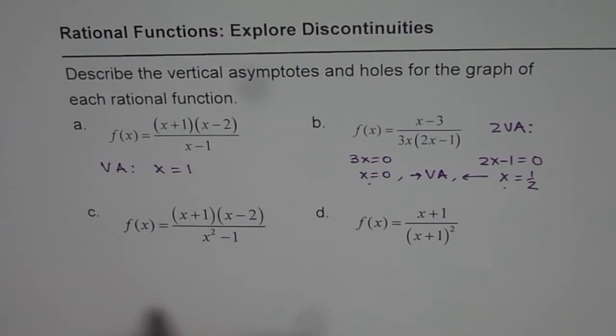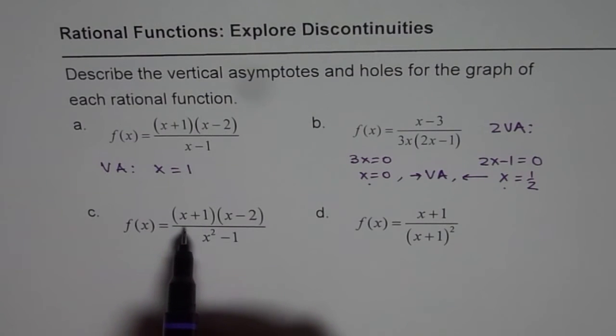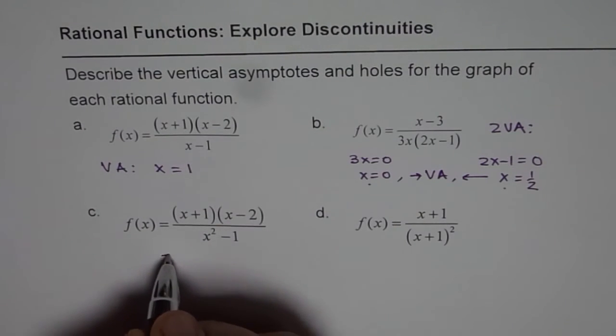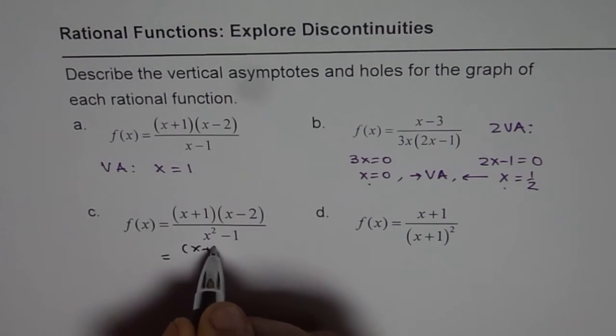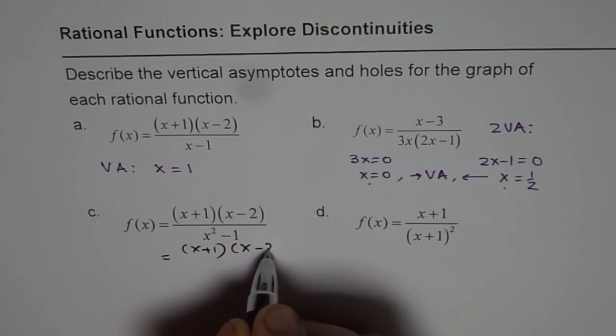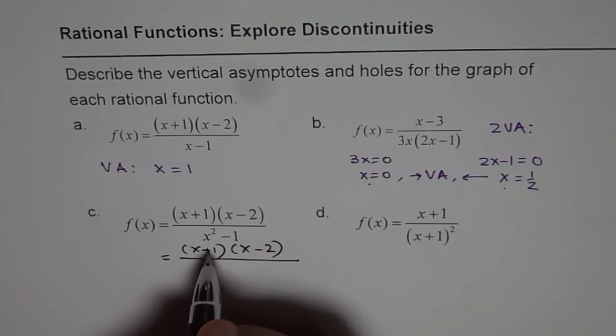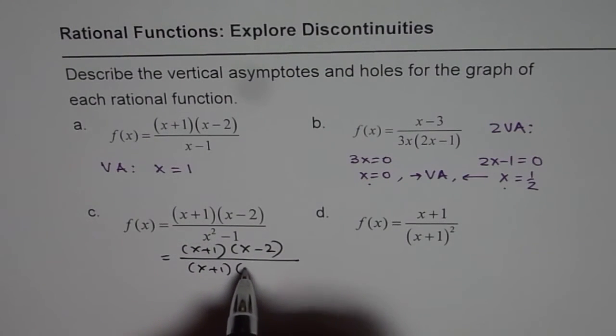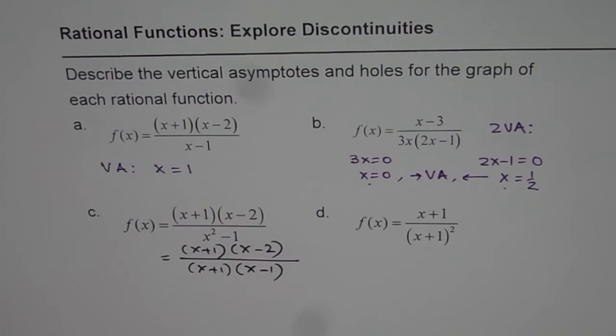Now let's check this one. Here f of x equals (x plus 1)(x minus 2) divided by (x squared minus 1). We can factor the denominator. So what do we get? We get (x plus 1)(x minus 2) divided by, this is a difference of squares, so that is (x plus 1)(x minus 1).